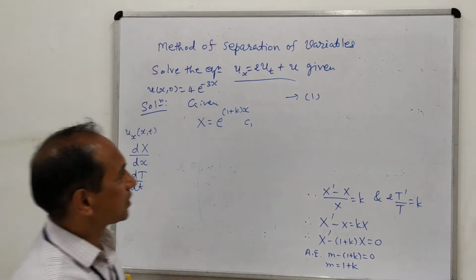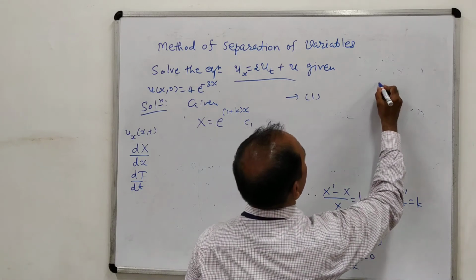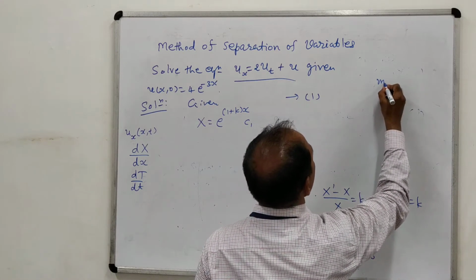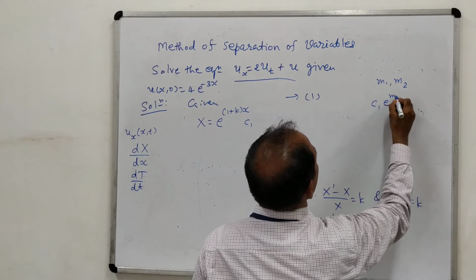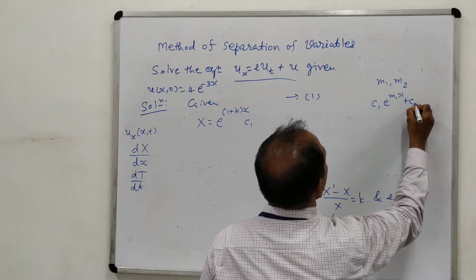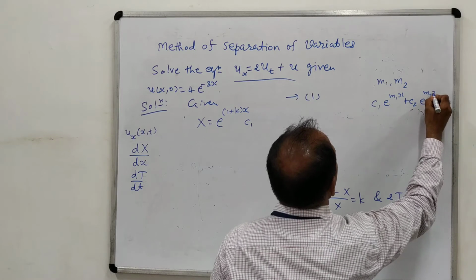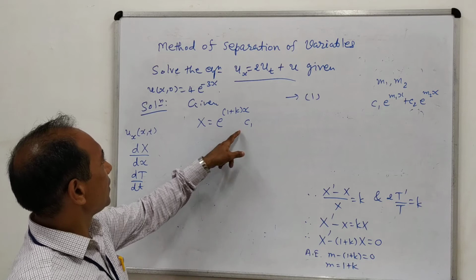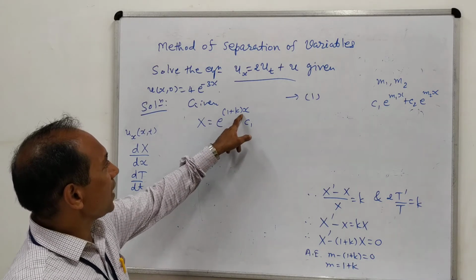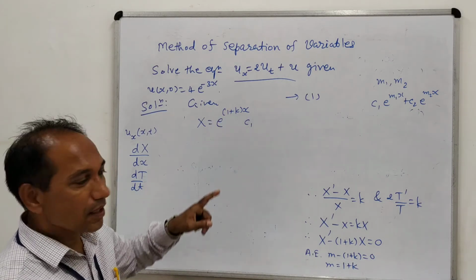Okay, because in second semester we have seen that if the two roots of auxiliary equations are m1 and m2, then its solution can be written as e raised to m1x plus e raised to m2x. Here we have only one root, so we have written this as c1 into e raised to 1 plus k into x, because m1 equal to 1 plus k.